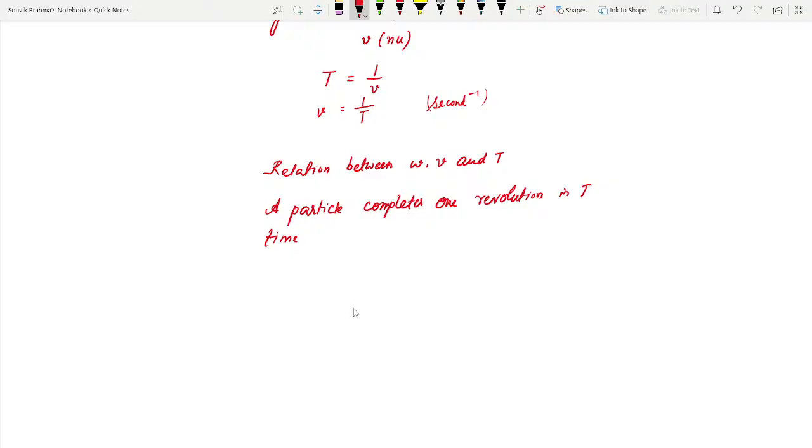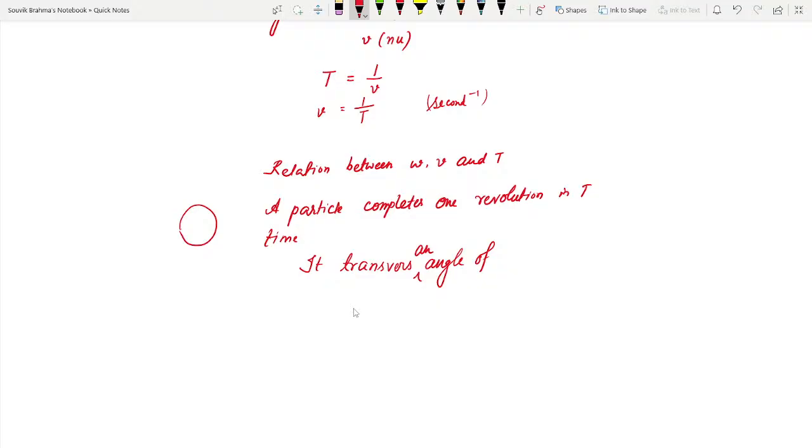If you see the total path, it traverses an angle of 2 pi in one revolution.